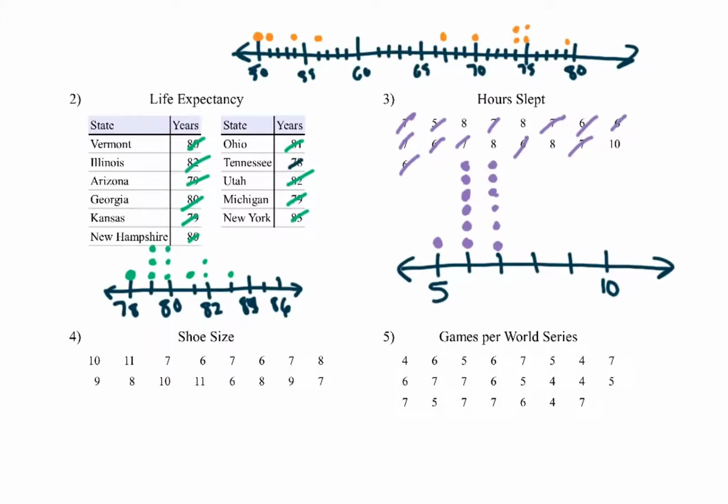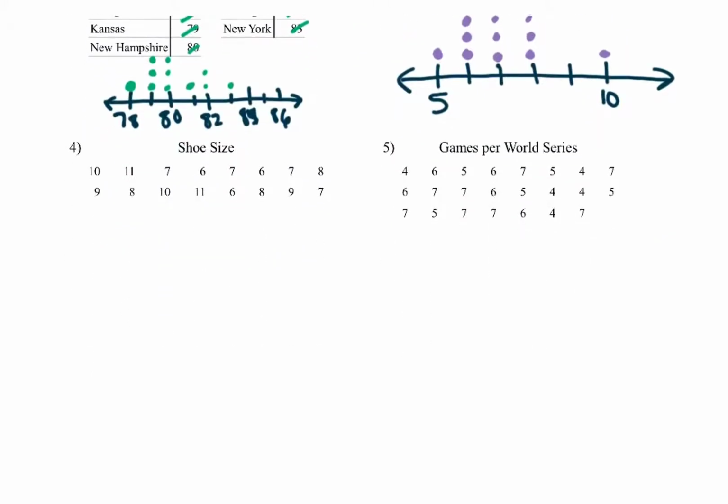See, how many 5s did we have, or 6s did we have? So I have 1 5, 5. So I think I did too many there. There we go. That's right now. Then 4 8s and 1 10. Okay, so pretty simple with the dot plots here.